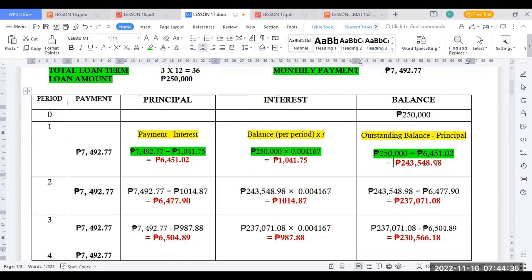Ang balance mo ng period 1 is 243,548.98. So, that's 243,548 times the interest. Fix yung interest natin na, that's 0.04167. Okay? So, that is equal to 1,014.87.